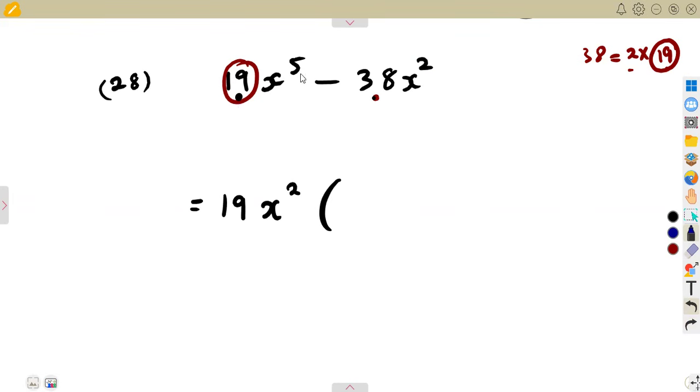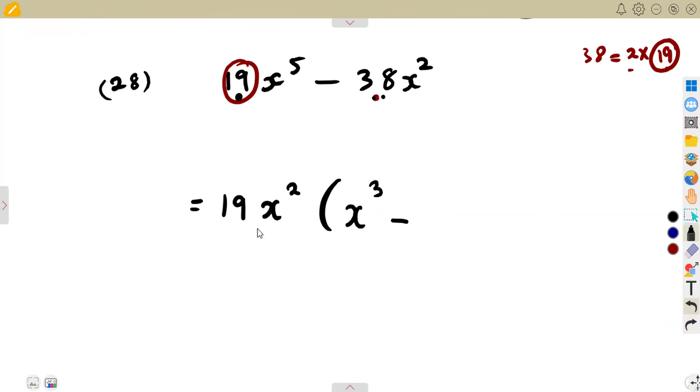For x to the exponent of 5 divided by x to the exponent of 2, there are 5 here and 2 here, so we remove 2 from the 5. Only 3 will remain, so it's going to be x to the exponent of 3.